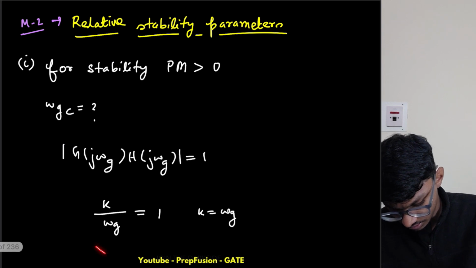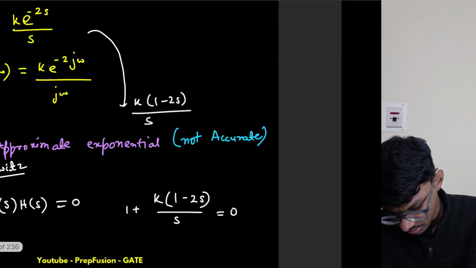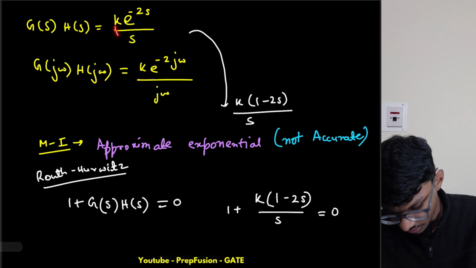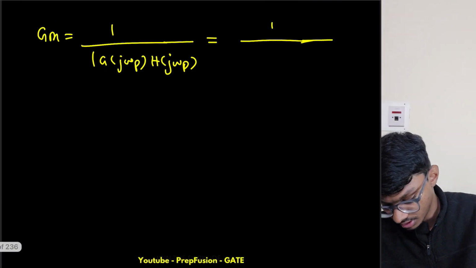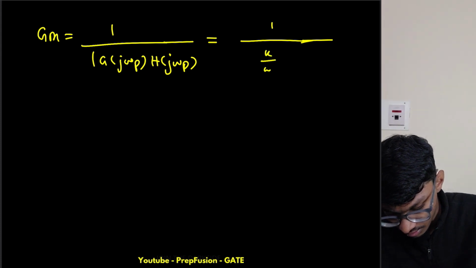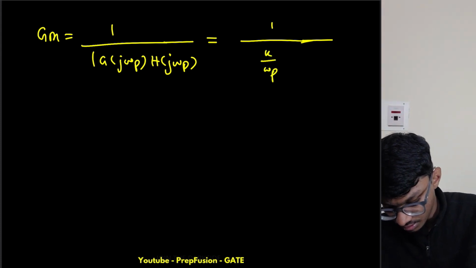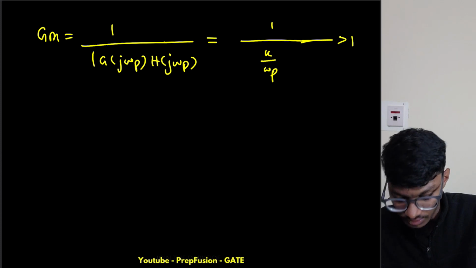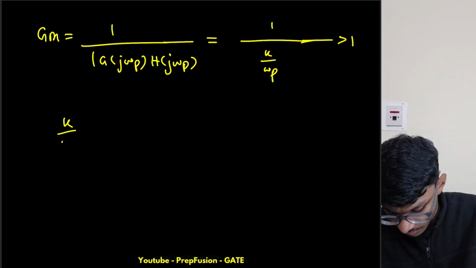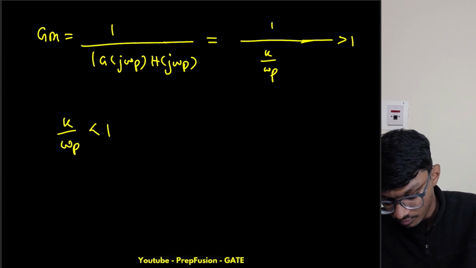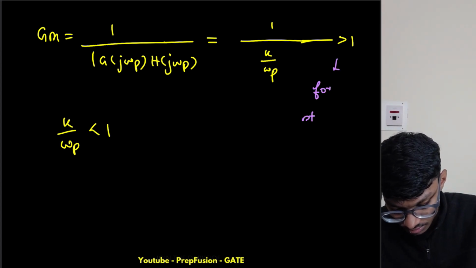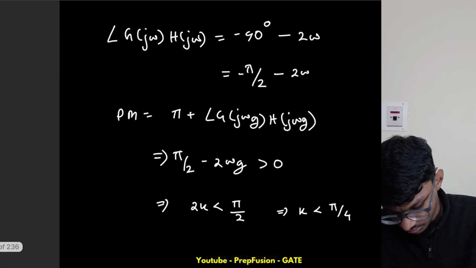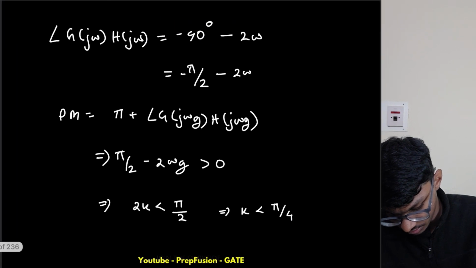The gain formula is this, k by omega, basically k by omega p. So the gain will be k by omega p, and this has to be greater than 1. So k by omega p has to be less than 1 for stability. This is also for stability, as I mentioned here.